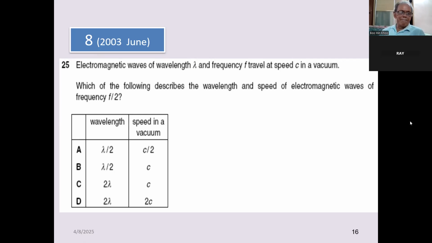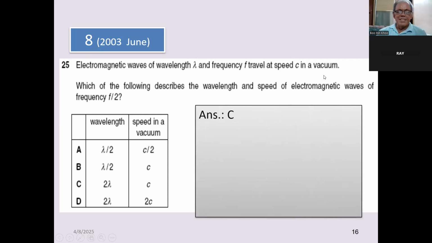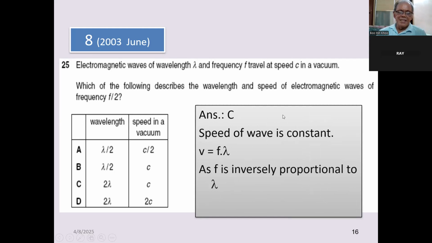Answer is C. Speed is constant. f and lambda are inversely proportional, so it is 2 lambda.